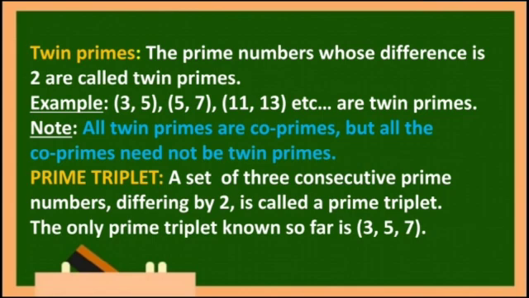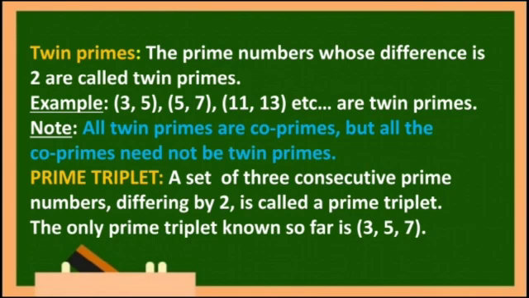Prime triplet. A set of 3 consecutive prime numbers differing by 2 is called a prime triplet. The only prime triplet known so far is 3, 5, 7. 3, 5, 7 are the 3 consecutive prime numbers and the difference between them is also 2.